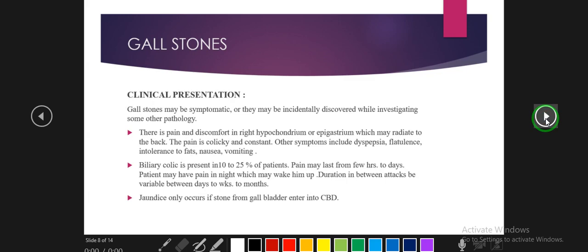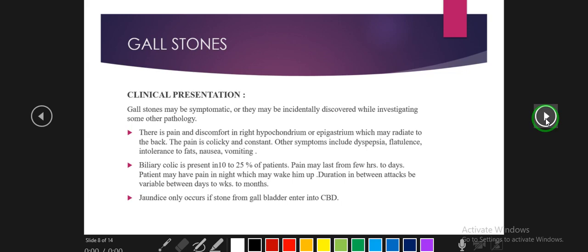Clinical presentation: gallstone may be symptomatic or may be incidentally discovered while investigating some other pathology. There is pain and discomfort in the right hypochondrium or epigastrium, which may radiate to the back. The pain is colicky, constant. Other symptoms include dyspepsia, flatulence, intolerance to fats, nausea, and vomiting.